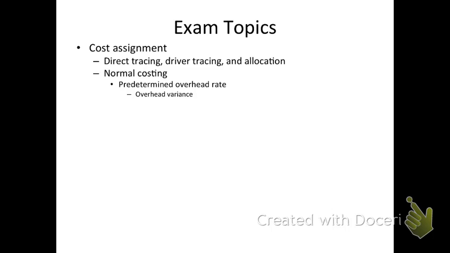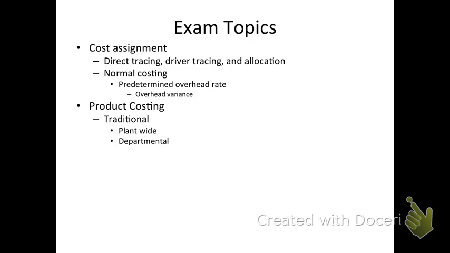Because that's an estimate, at the end of the period we'll have an overhead variance. Knowing how to prorate that variance or dispose of that variance at the end of the period to ensure that our actual costs are on our financial statements.